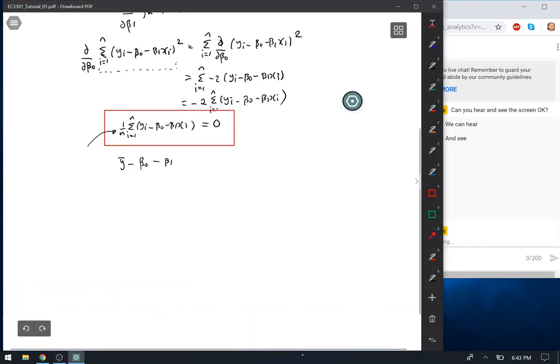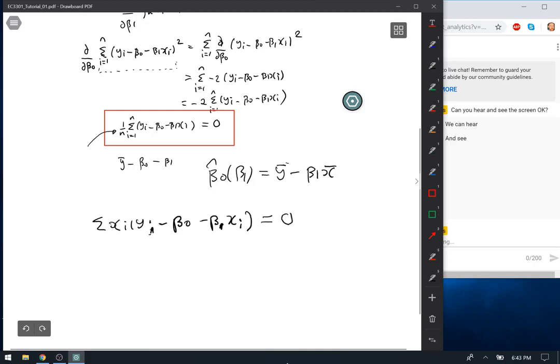Okay, so from that we got the solution for b hat naught. For any b1, the solution is y bar minus b1 x bar. We can then take the first order condition for b1, and we now get sigma xi (yi minus b naught minus b1 xi) equals naught.